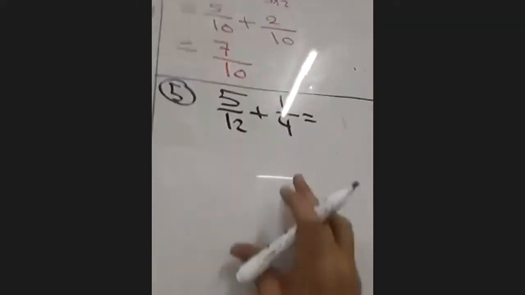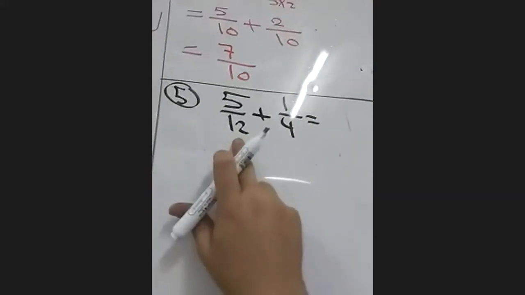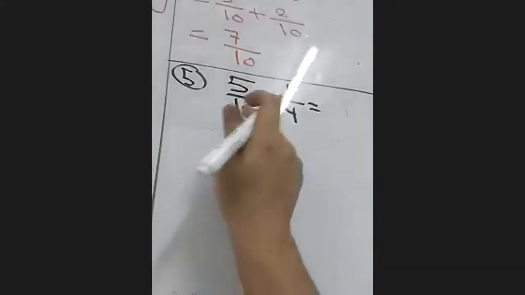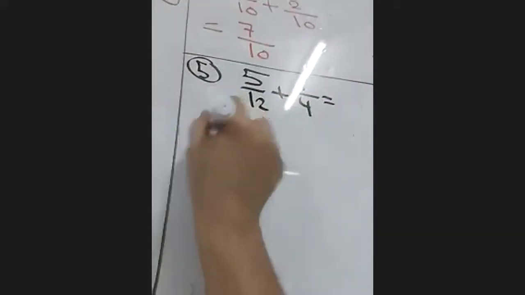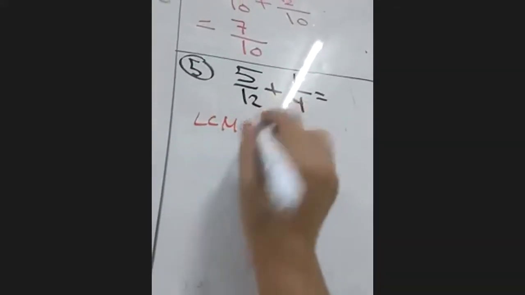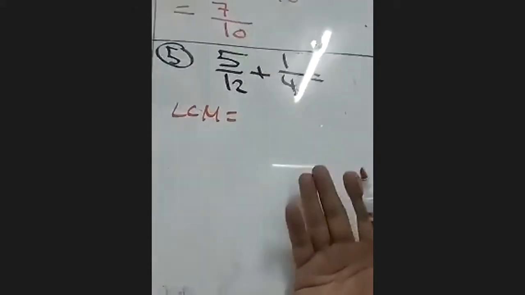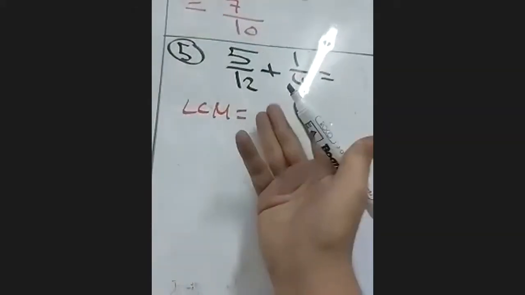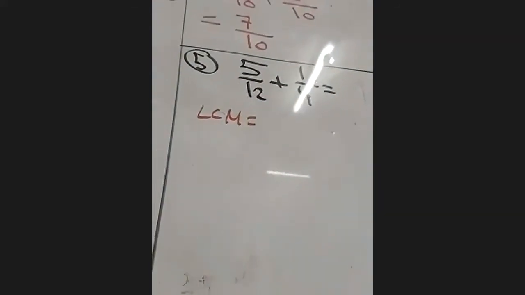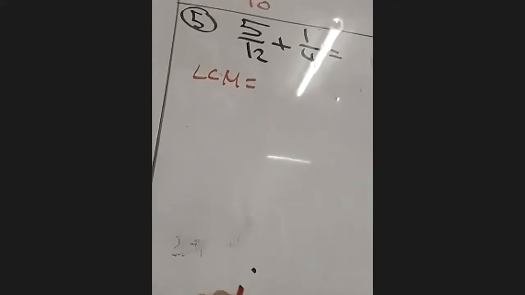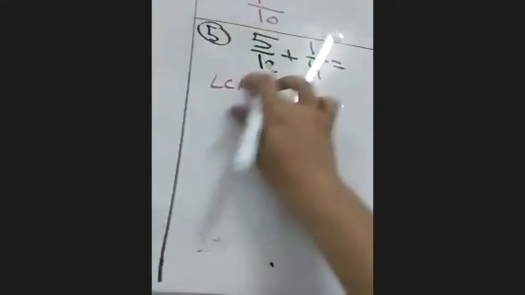Exactly. We will multiply 4 by 3 to make it what? 12. Because the least common multiple of 12 and 4 is what? The least common multiple of 12 and 4 is what? No, mister, the least common multiple is not a 3.